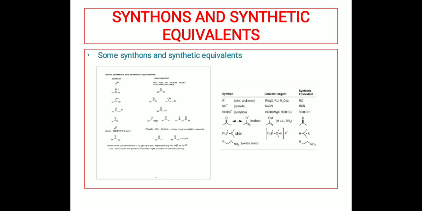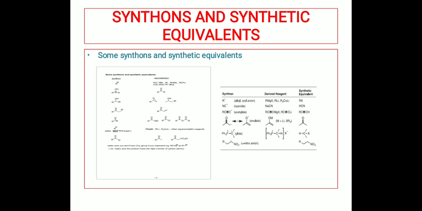So next we are going to study synthons and synthetic equivalents. See, now here in these two charts, I have given some of the synthons and synthetic equivalents. You can go through this once, and also utilize it for the examples which you will be studying later on. It is very beneficial for all of you because every example is different, right?